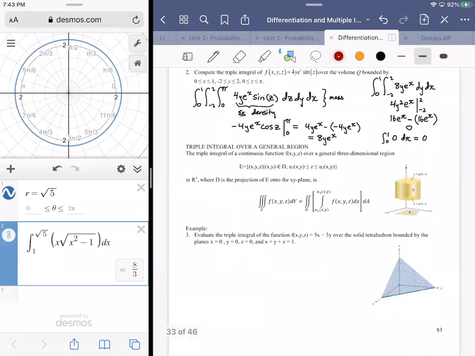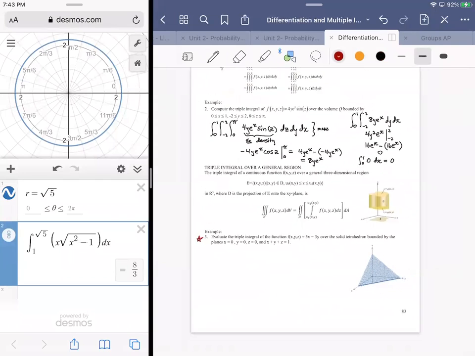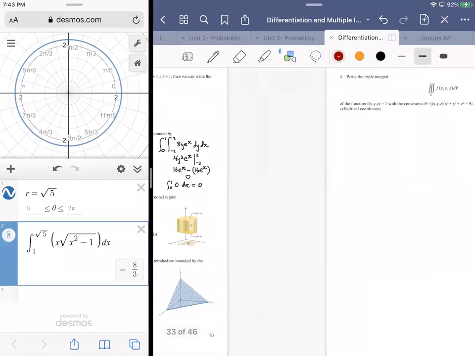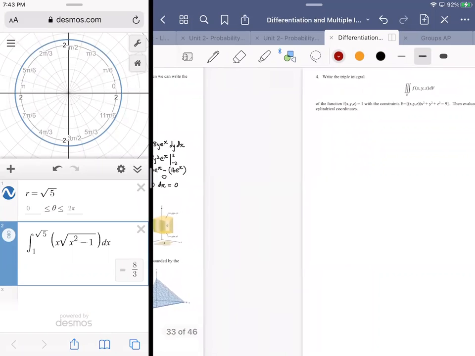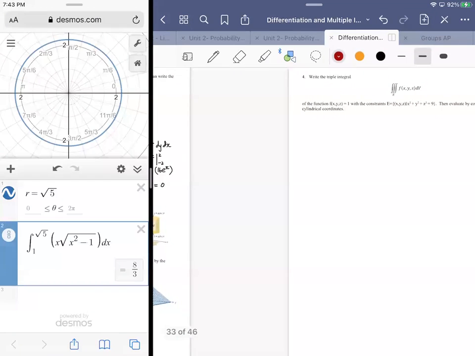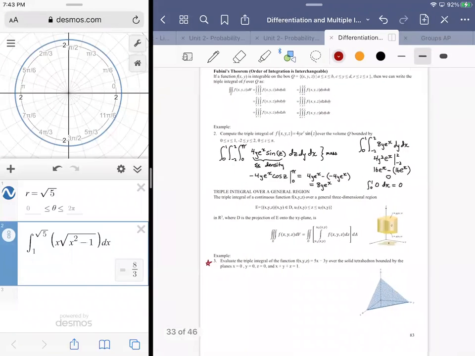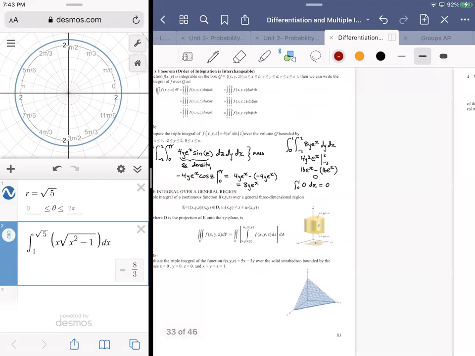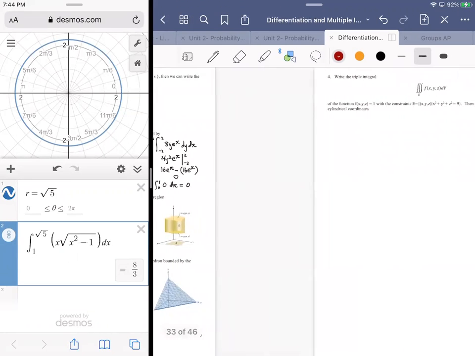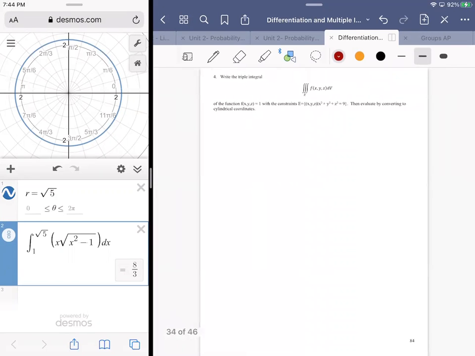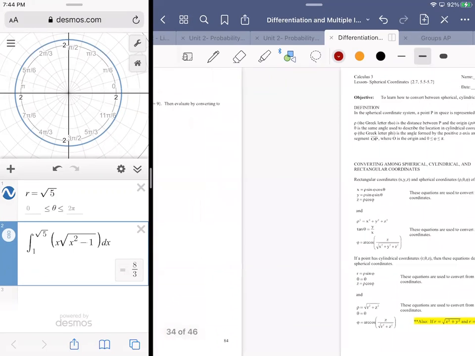So I'm going to put a star on the next one. And then I honestly don't remember. I thought I wanted to get rid of this problem, but I can't remember if I'm thinking of the right one. So number 4 on page 84.